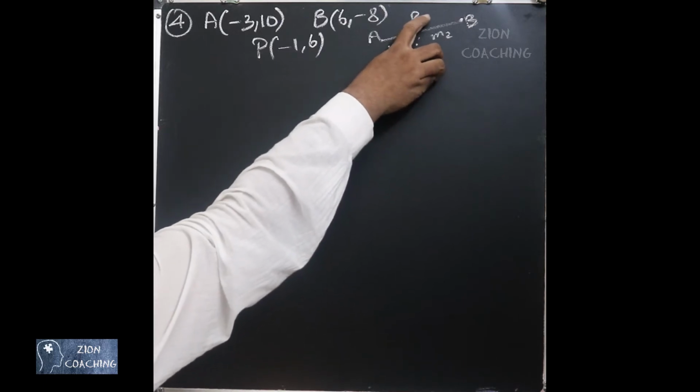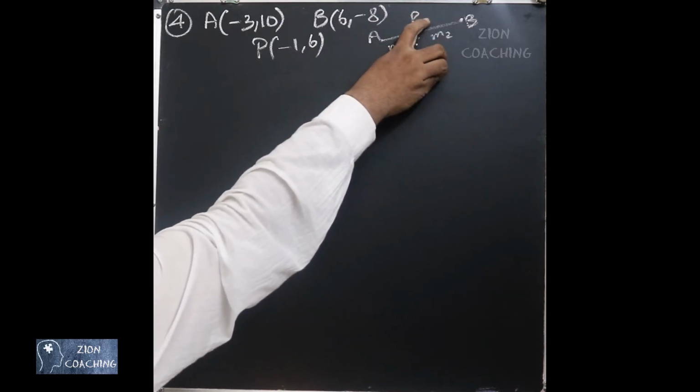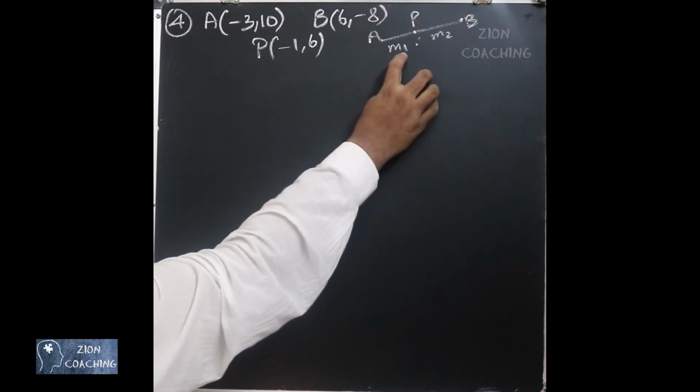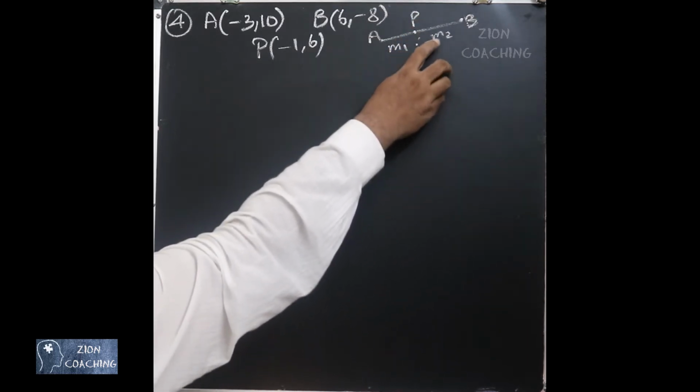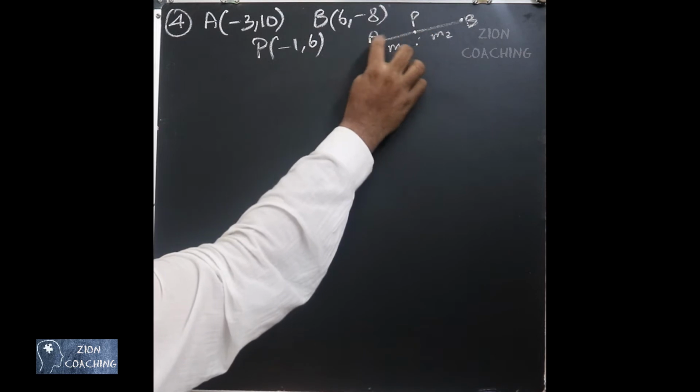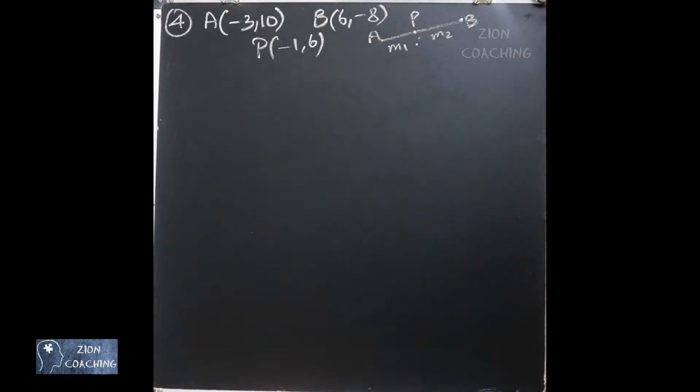But in this case they have given the coordinates of that point P. They are asking us to find the ratio in which this point is going to divide the join of A and B. Again we are going to use the same section formula.